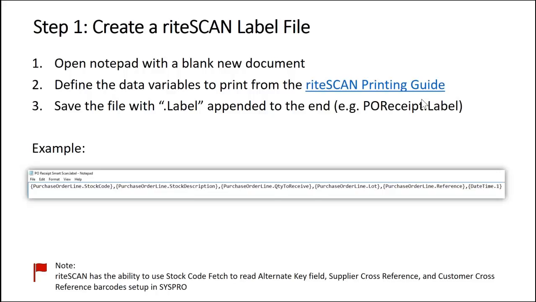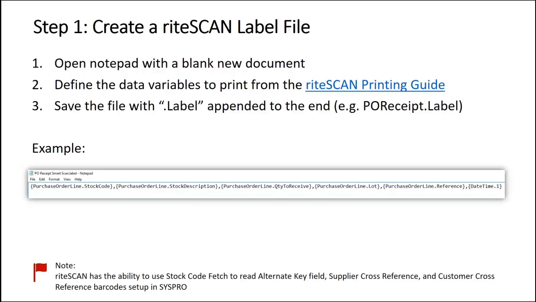One thing to note, which I found kind of interesting and some people may use, is the ability to use supplier stock codes when your items are coming in the door. For example, in SysPro, if you use the alternate key fields, the supplier cross-reference field, or the customer cross-reference fields, you can set up riteSCAN to interpret those barcodes that you could be receiving from vendors and suppliers, convert them to your internal barcodes directly, and read them as your internal barcodes.